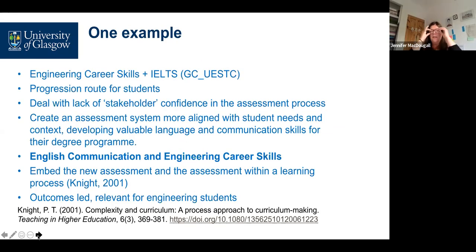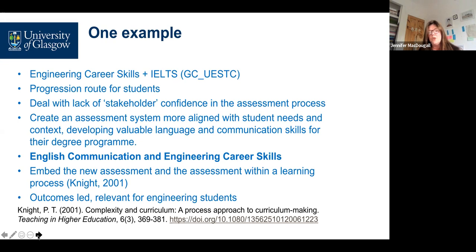Okay, so here's the context. When I came to Glasgow University to work on this with the engineers on this joint educational program in China, our students were assessed as a gatekeeping assessment through IELTS.